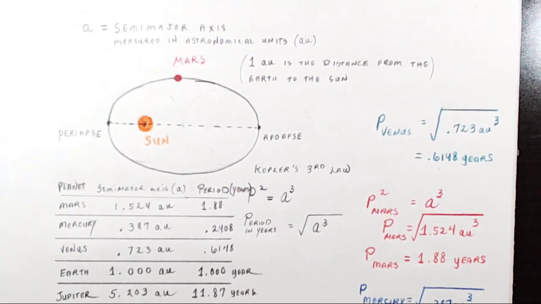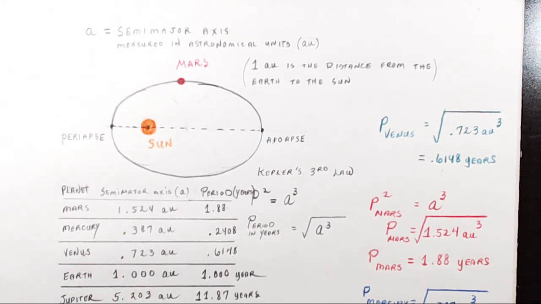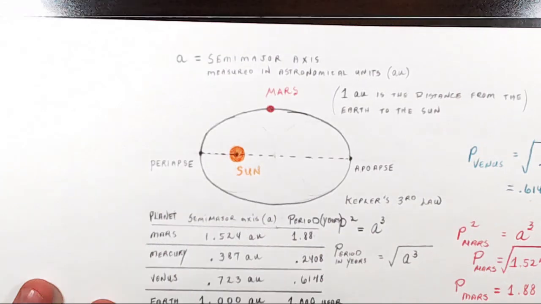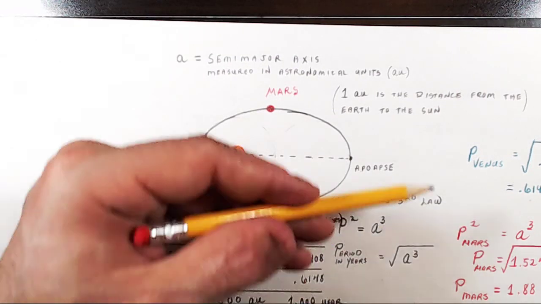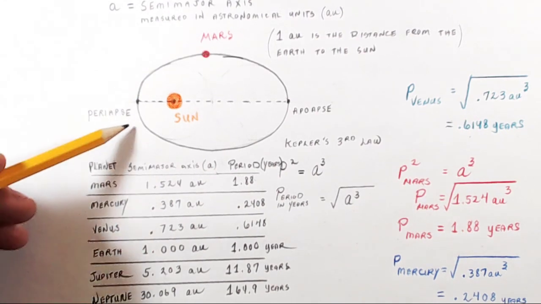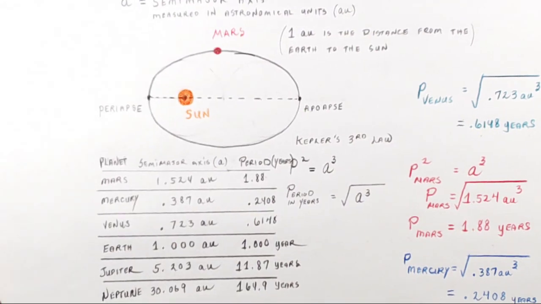So in this tutorial, we used Kepler's third law to compute the periods in years of the orbits of several planets.